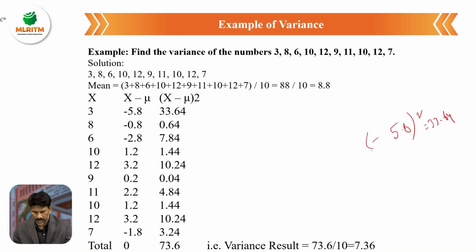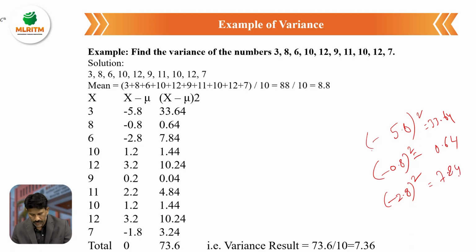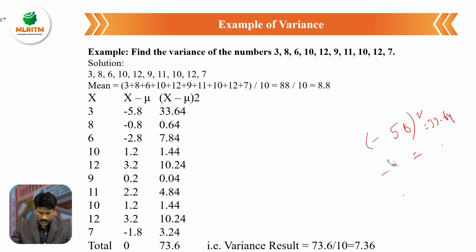Each and every one is squared: minus 0.8 squared, you'll get 0.64, then minus 2.8 squared, you'll get 7.84. Like this, you have to perform the square for each and every value. Once you have completed the squares, step 3 is completed, then we'll go for step 4.